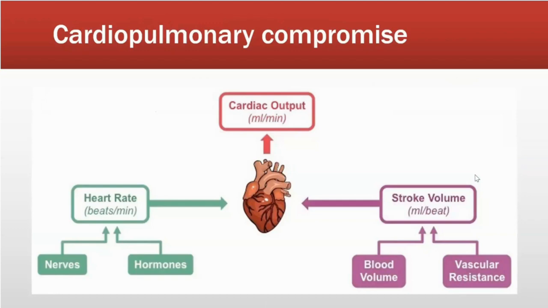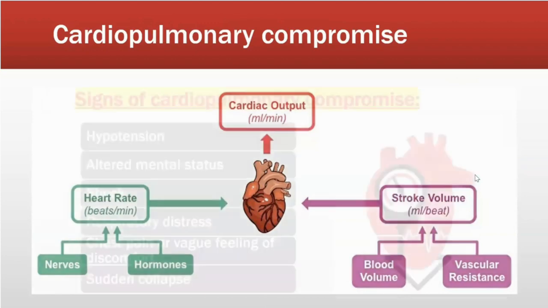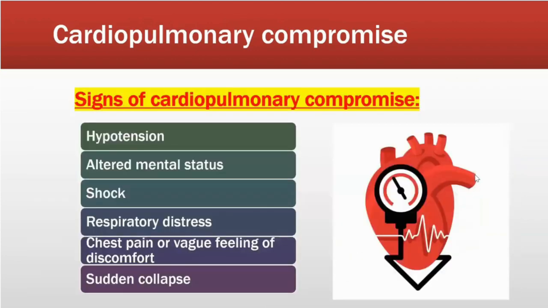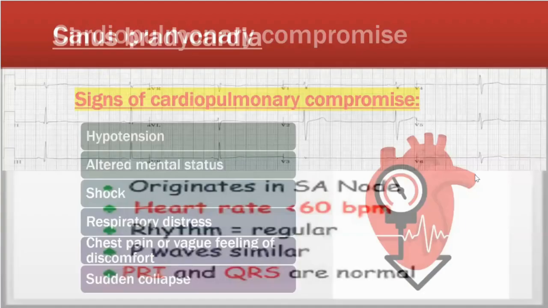So cardiac output declines with bradycardia and can therefore lead to cardiopulmonary compromise. What are the signs of cardiopulmonary compromise? That includes hypotension, altered mental status, shock, respiratory distress, chest pain, or vague feeling of discomfort, or sudden collapse.